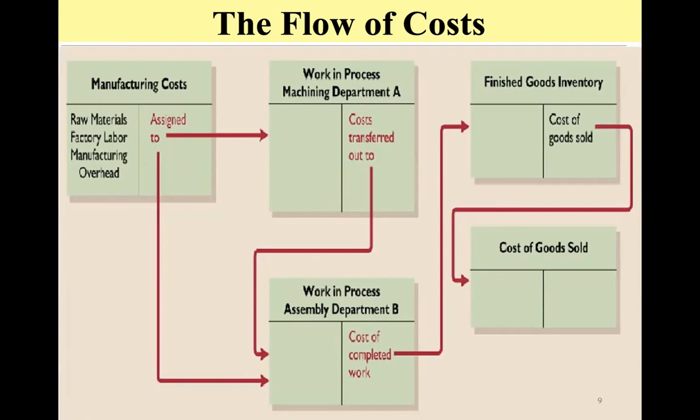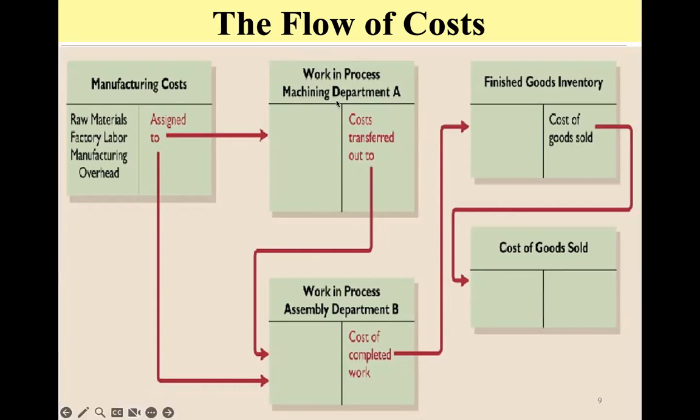Then we need to assign these manufacturing costs to the processes. According to this flow chart, process 1 is machining department A. Then process 2 will be the assembly department. So these manufacturing costs first will be assigned to process 1, right?